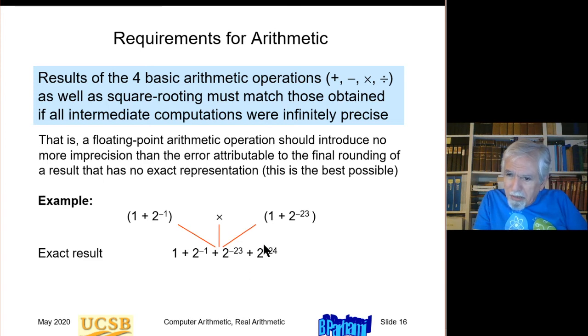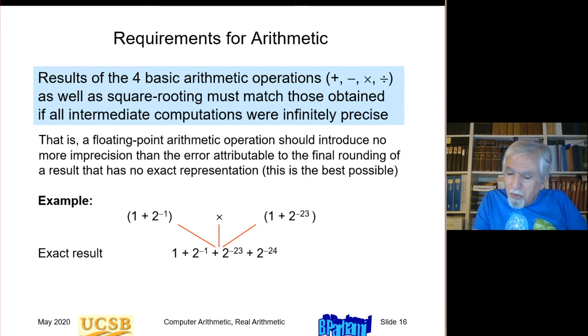You can chop that, truncate it, or you can increment this part, round it up, and get rid of that. So as long as you compute this exact result in the intermediate step, then it's okay to get rid of that. That final rounding error is allowed.